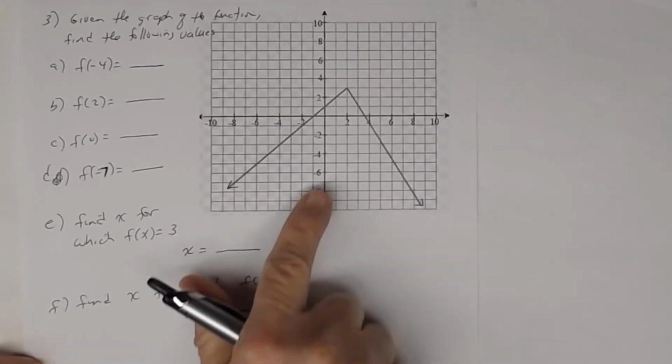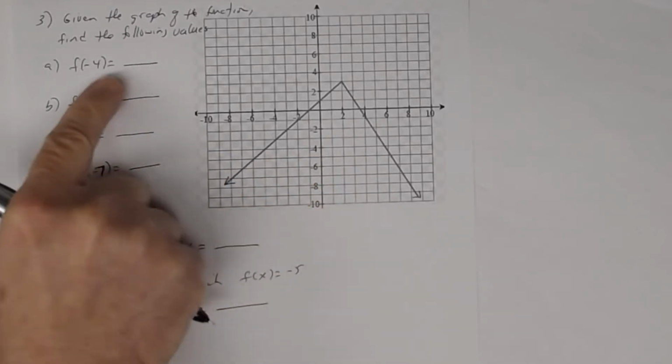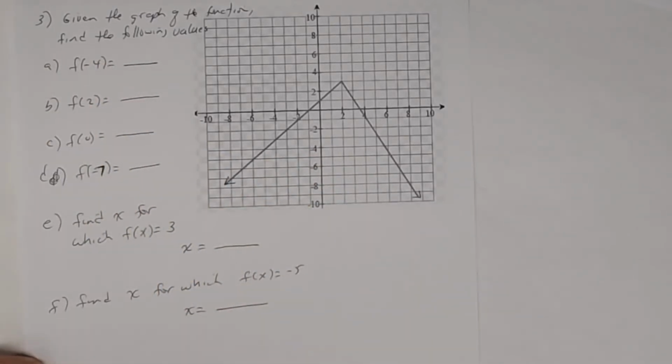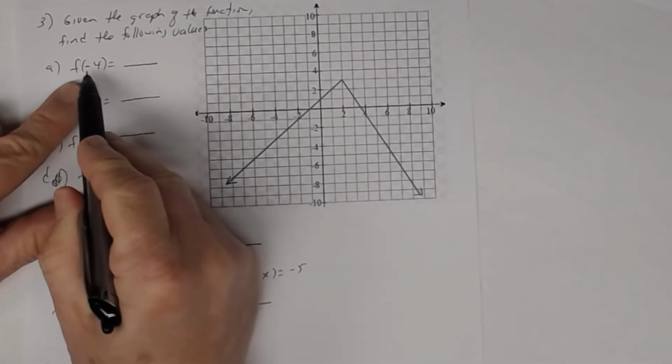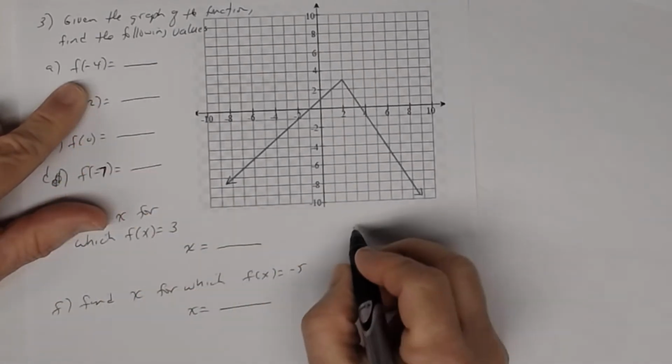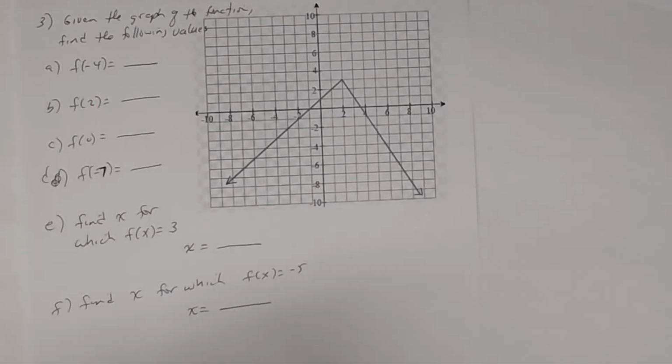All right, so then in number 3, you're given the graph of a function, and from this graph, you want to find these function values. Remember we just talked about this. So f of -4 means when x is -4. Let me go ahead and do another sheet of paper.